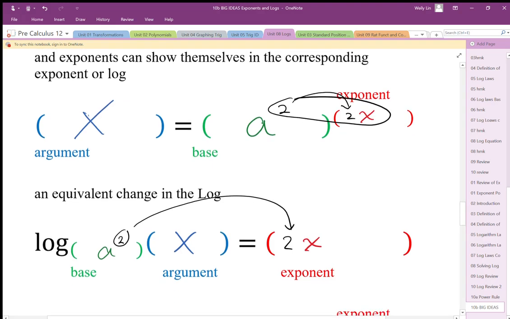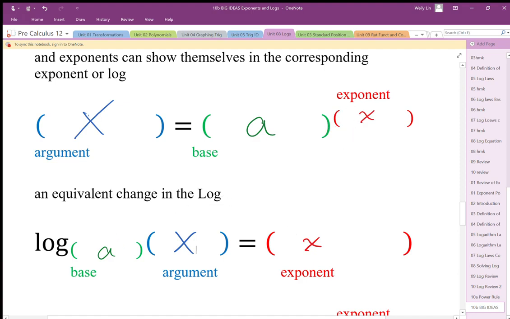So I'll give another example here. If I start with this, what's useful is, let's say I root the x here. Well, that can show up as a square root here. So again, square root, square root. I'm allowed to do that because it doesn't change the exponent form here. I could also do the square root here, and so let's say I square root the argument.